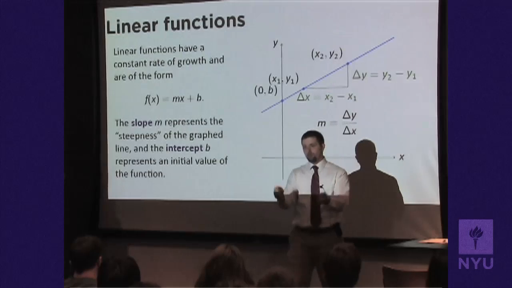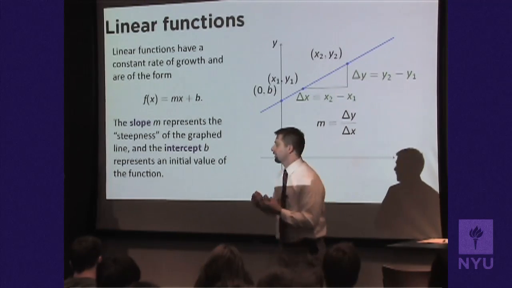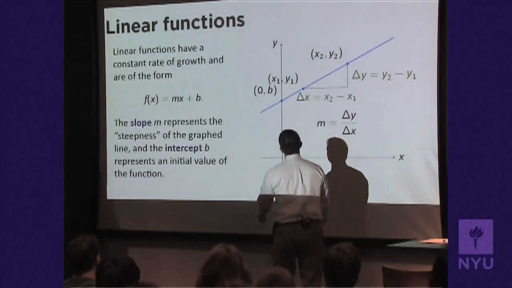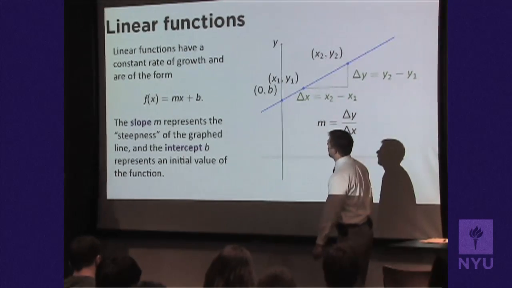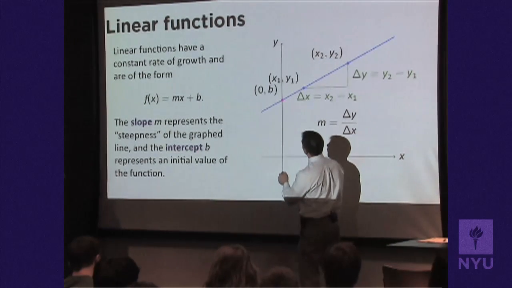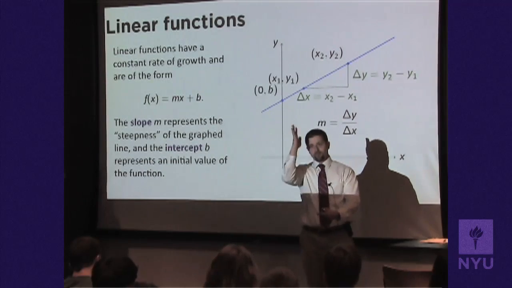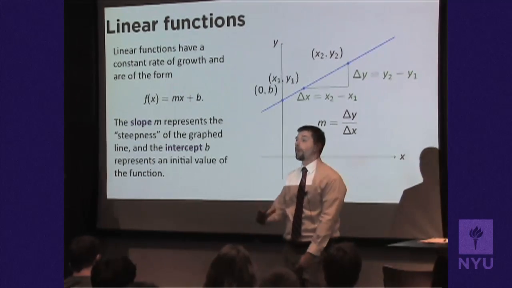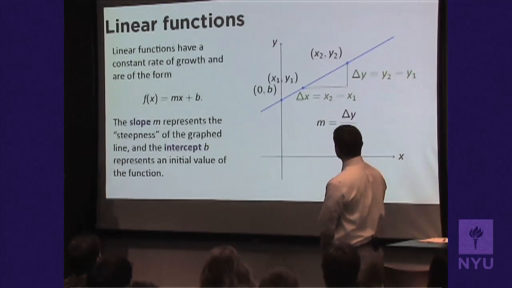Those constants, m and b, they characterize the graph of the function. m is the slope, and it represents how steep this line is going to be. Okay, b is the intercept, more carefully, the y-intercept. It's where the graph of the function intersects the y-axis. It's the y-coordinate when x equals 0 on the graph of the function.